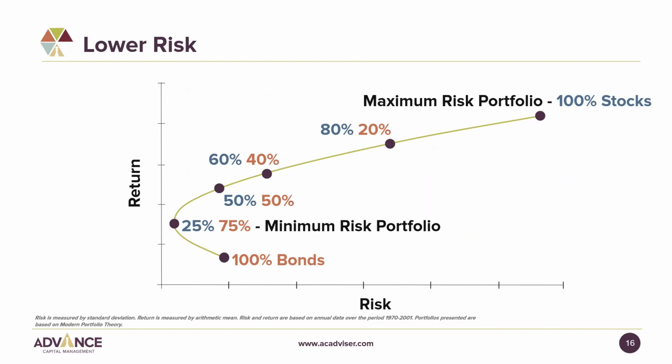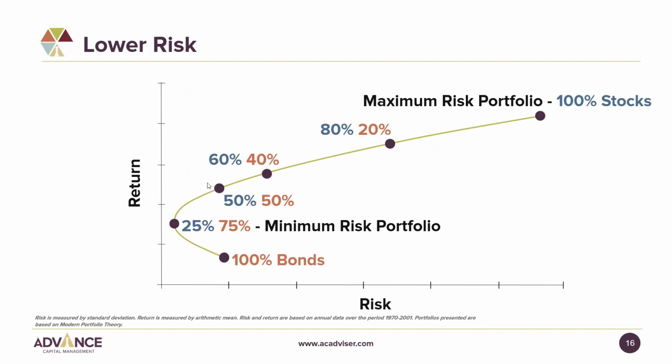And then an all stock portfolio would be something that involves the most risk, but also over time typically allows for the most return. And what modern portfolio theory says is that if we look here in this 50-50 or 60-40 category, we actually get about double the return that we can get of bonds without taking a whole lot of additional risk.